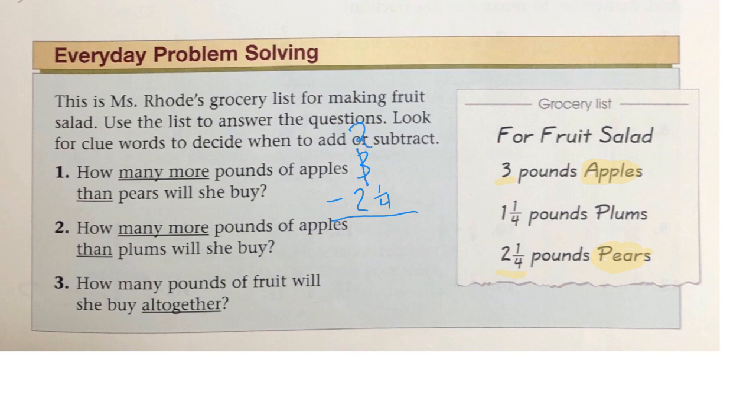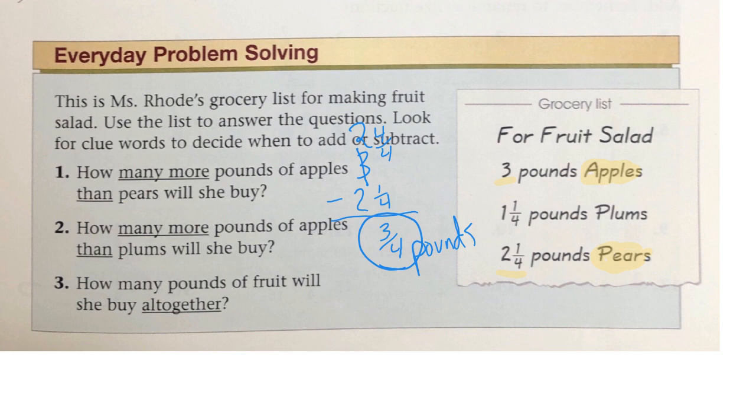So 3 becomes 2 and 4/4. Now 1 from 4/4 leaves us with 3/4. 2 minus 2 is 0, so the answer is 3/4 pounds difference. 3/4 of a pound.